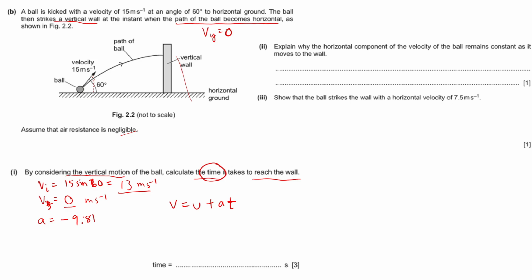And if you're decelerating, it's based on the time, right? So initial, final, acceleration, and then time. So we can just plug these in. 13 plus negative 9.81 t is equal to 0. Move the t variable to the other side, and then we divide to get 1.3.